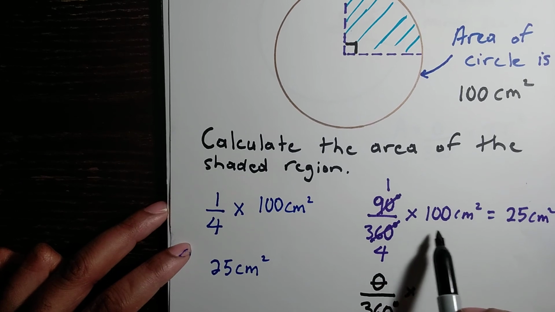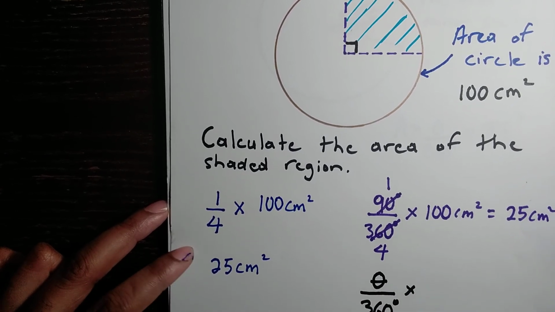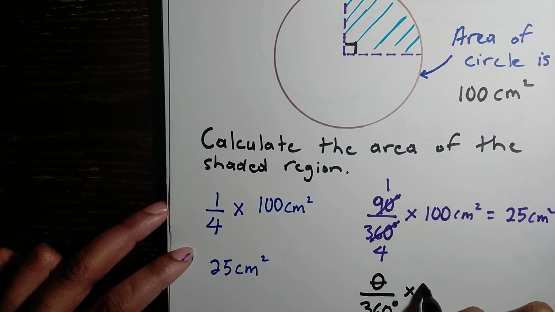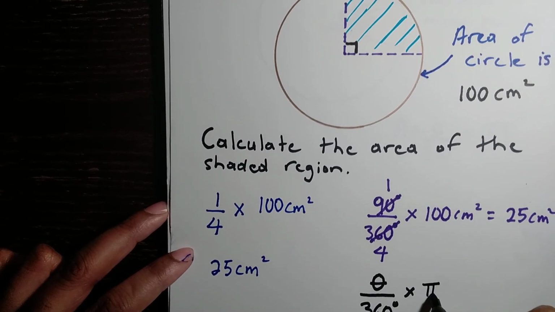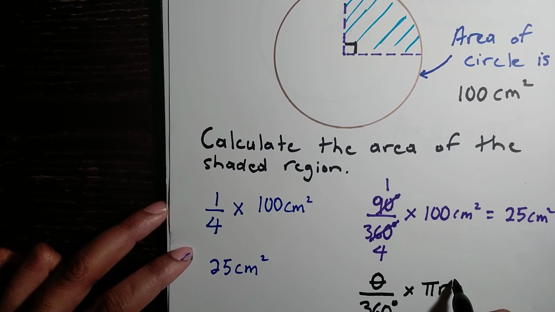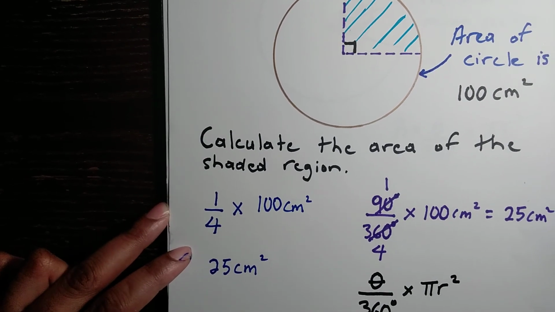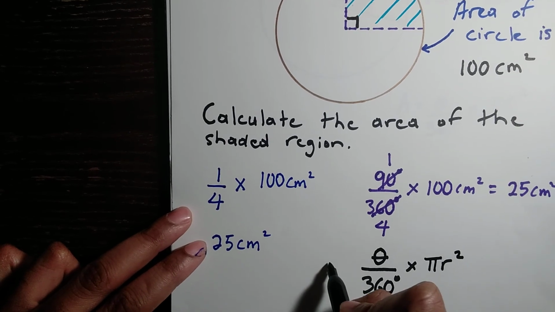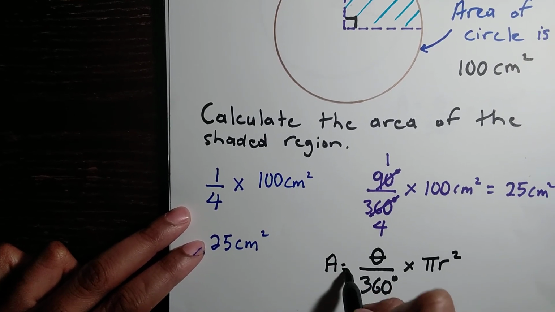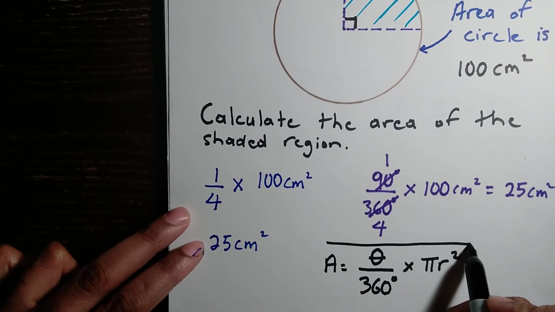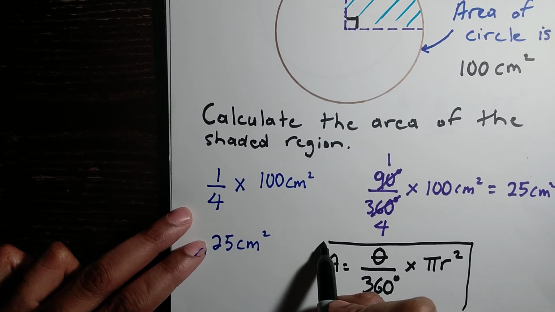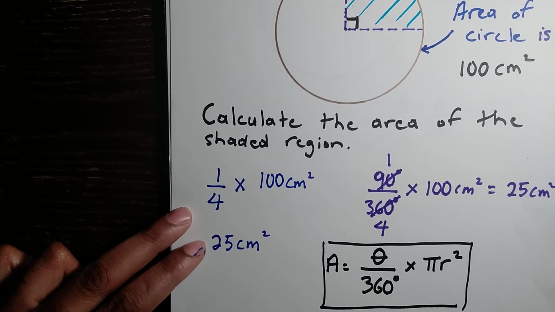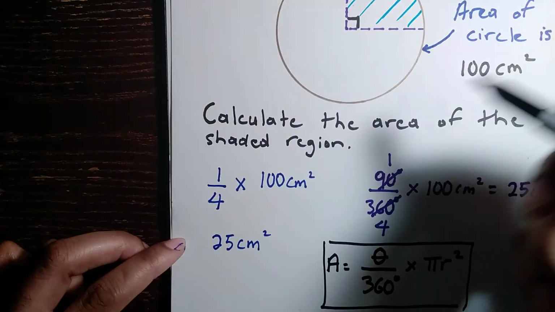Instead of writing this value for our formula, we would use the formula for the area of a circle, which is pi r squared. So this is the formula we'll be using to calculate the area of a sector.